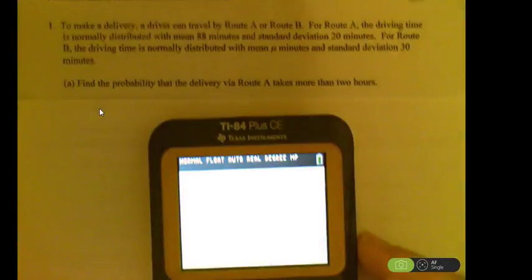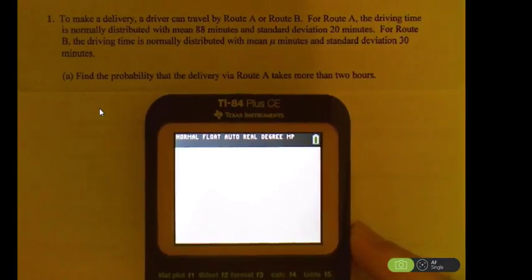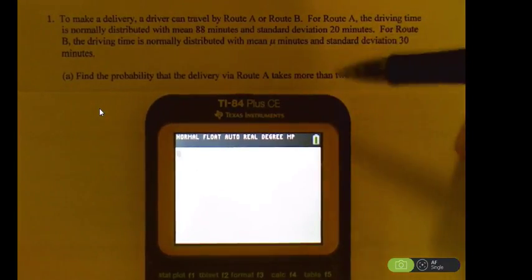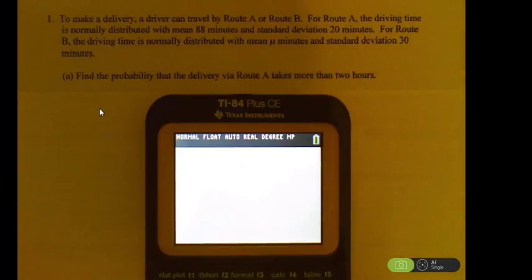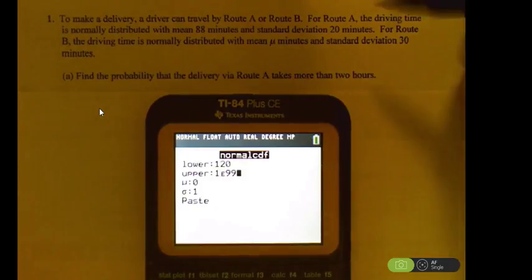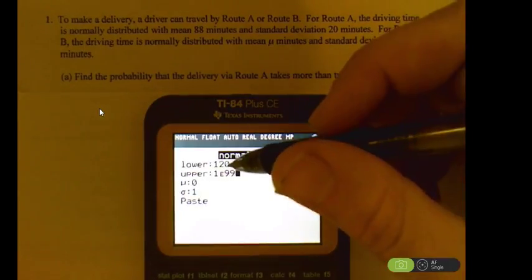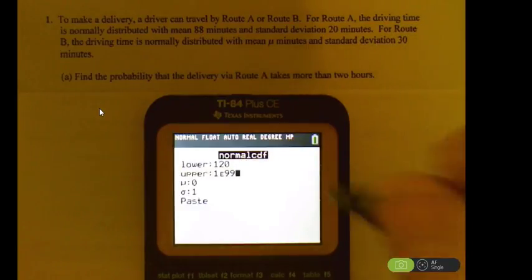For part A, we got just basic normal distribution, and we're looking at taking more than 120 minutes. So we just go to distribution, go to normal CDF, and we are going from 120 to infinity. It said more than 2 hours, so that just means we're going from 120 to the right forever.